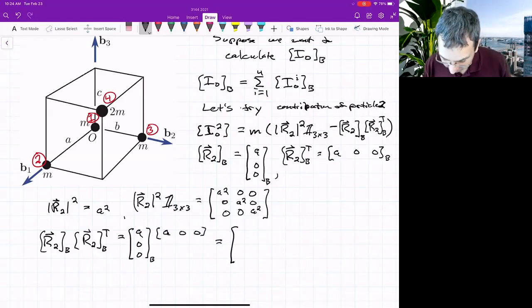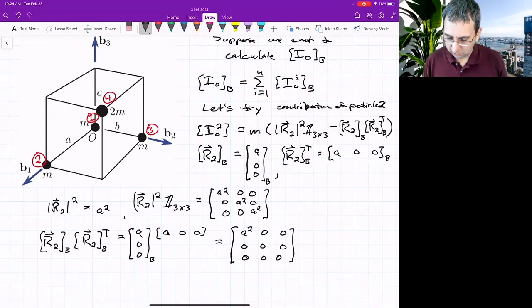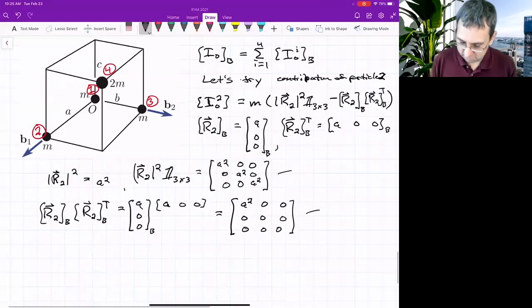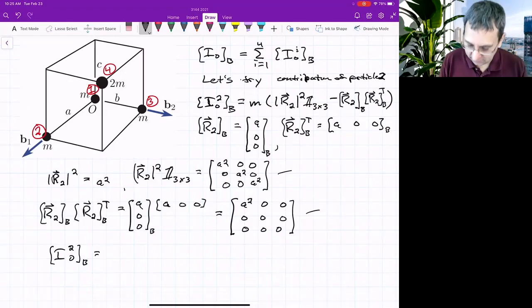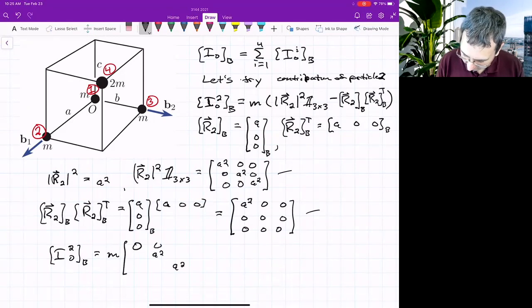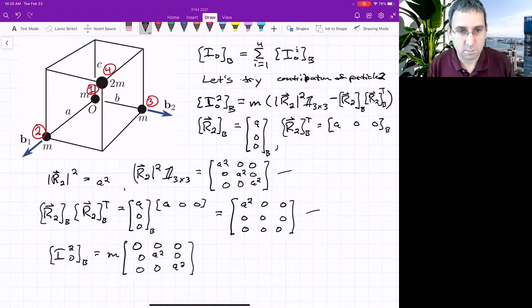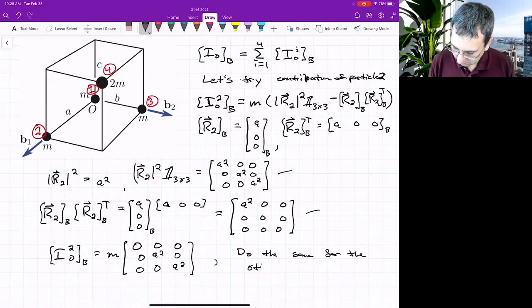And it gives us the only non-zero component, this one in the upper left, the 1, 1 entry. And then everything else is zeros. All right, so just subtract that from this, and there you go. I keep trying to remind myself that this is written with respect to the B frame. So this ends up being m a squared in the 2,2 and 3,3 entries, and then everything else is zeros. So then do the same for the other 3 particles and add it up.